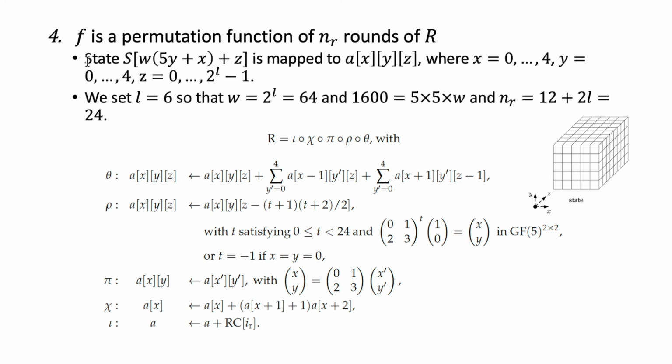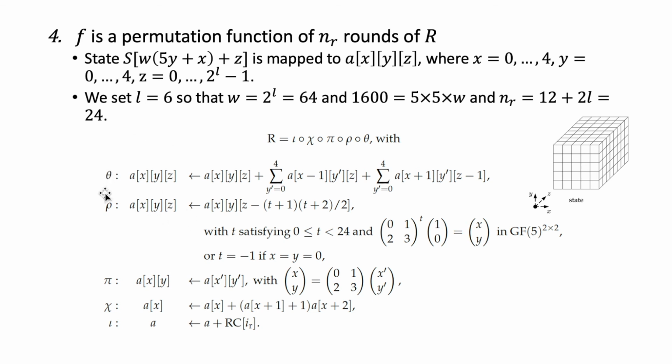Since we have mapped the state S to the state A, the input of A is actually the state bits, and the mapping rule is like this. For the bit A[X][Y][Z], the corresponding bit is W times (5 times Y plus X) plus Z, which is this bit in the state S.